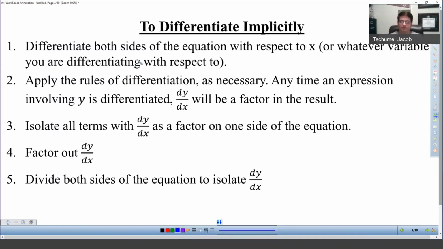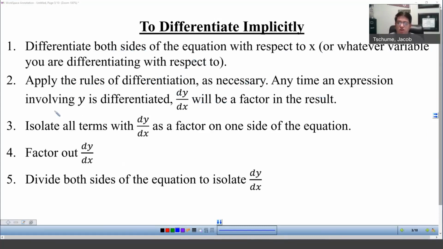Step number one, we are going to differentiate both sides of the equation with respect to x, or whatever variable you're differentiating with respect to. I threw that extra little note in there because in the next section, we're going to differentiate with respect to t sometimes, which will affect how we label stuff. When you differentiate, you apply the rules of differentiation as necessary.